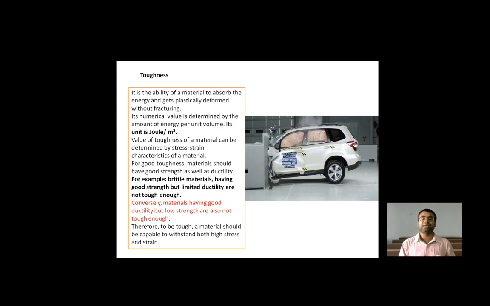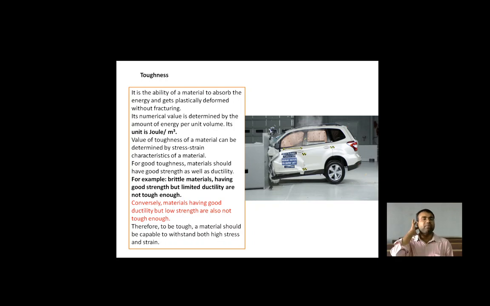So what is happening? According to this definition, it is fulfilling it, and beyond that it is showing how much impact load, how tough that material is, which absorbs the energy to maintain the safety of that vehicle.